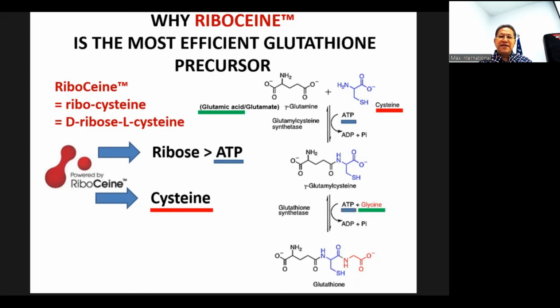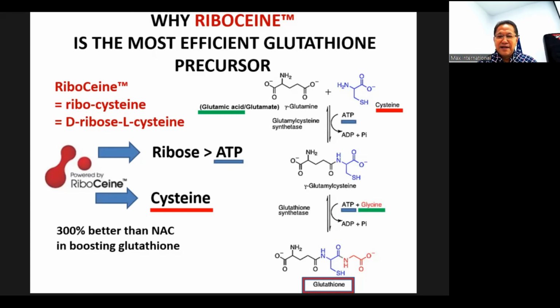And ATP again is required. So you can see the synergy of these two components. Ribose is used to stabilize cysteine, but ribose provides the ATP to power the synthesis. Then you get glutathione. Okay, and this results in it being 300% better than the second best.